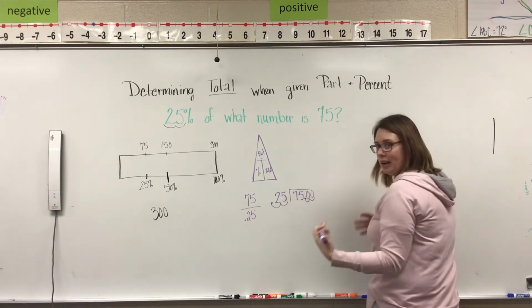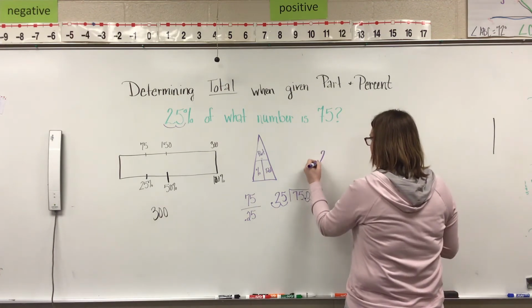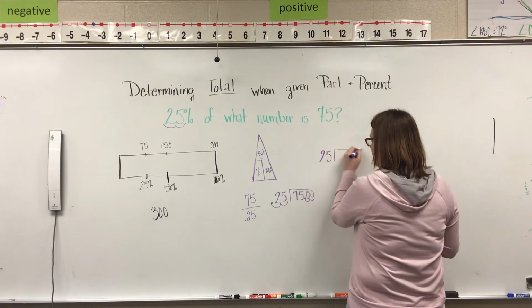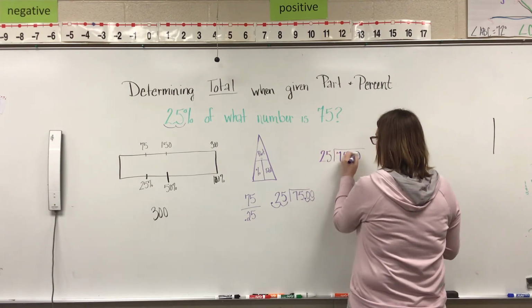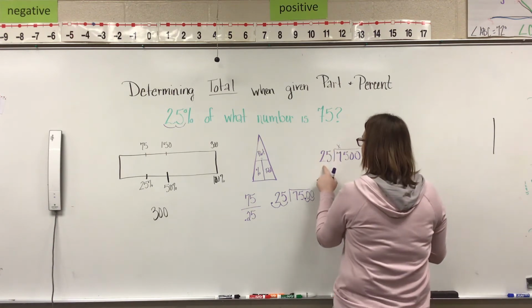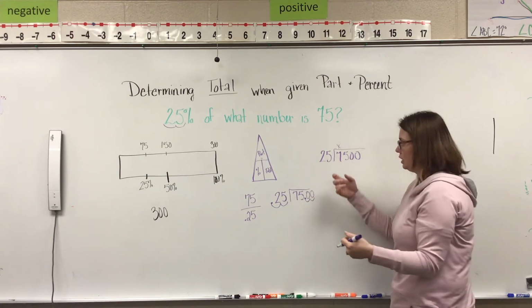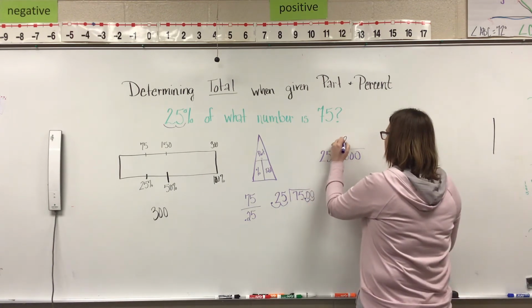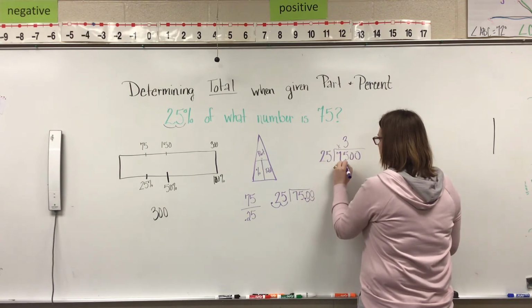So I'm going to rewrite this just so it's a little bit neater. We have 25 divided into 7,500. Right, 25 will not go into 7. 25 will go into 75 3 times, and I just think in quarters anytime I have 25. 3 times 25 is 75.